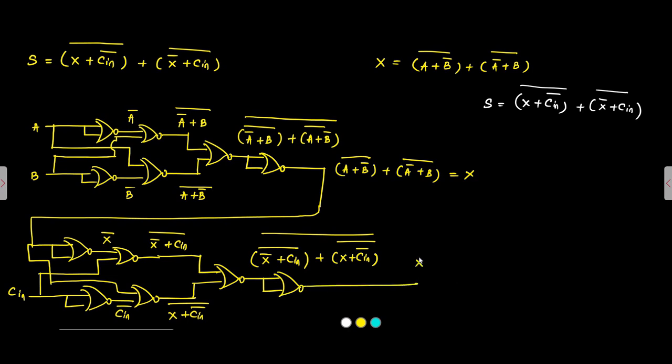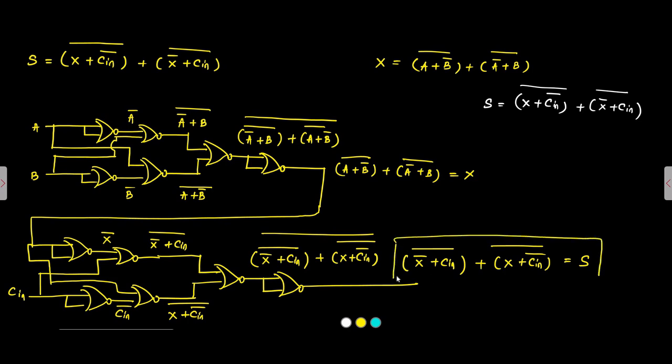So finally we'll get (X bar or C in) whole complement or (X or C in bar) whole complement, which is the final sum expression which we need. Okay, this is the sum.